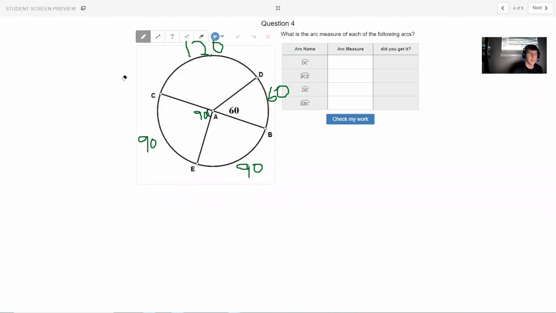Once we have all the minor arcs, we can simply fill in our missing pieces here. So DC is 120. BCE, we start with B, we go through C to E. That's 60 plus 120 plus 90. That's 180 plus 90 is 270.